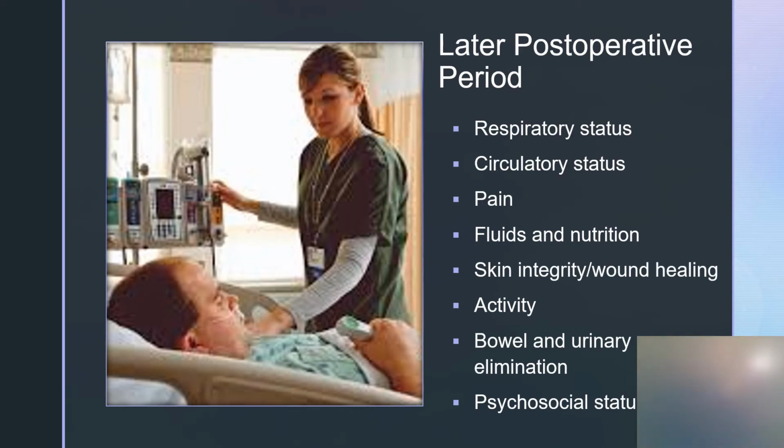A Jackson Pratt or a Reliavac drain would be a hollow silicone tube, or it's a bulb attached to a tube, and it has a cap on the bulb to drain and measure the exudate. The tube is placed near the wound through a stab site.